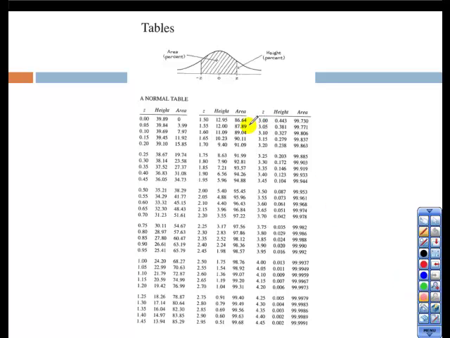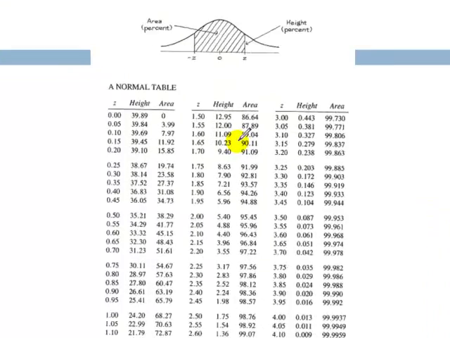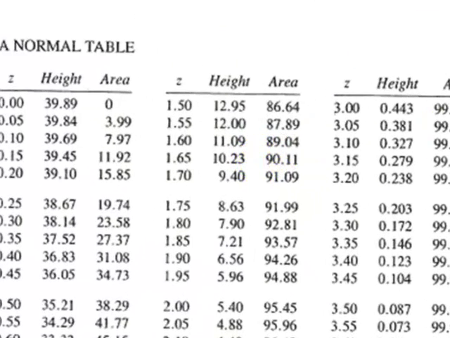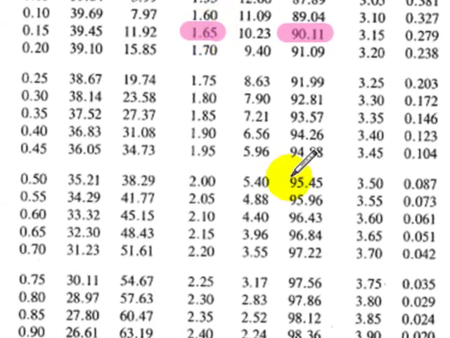What you want to do is determine the level of accuracy or confidence that you want. So for instance, if I want a 90% confidence interval, I use a Z value of 1.65. If I want a 95% confidence interval, I would use a Z value of 2, and so on and so forth.